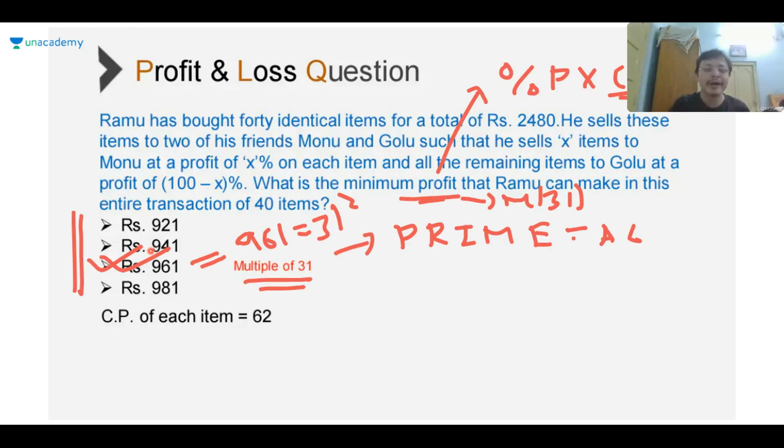You need not do any solving in this. The moment you saw 2480, the multiple of 31, 31 is the prime factor, automatically you're going to mark the answer as option C without any solving being required. So again, all it takes is marking the answer immediately on seeing the question.